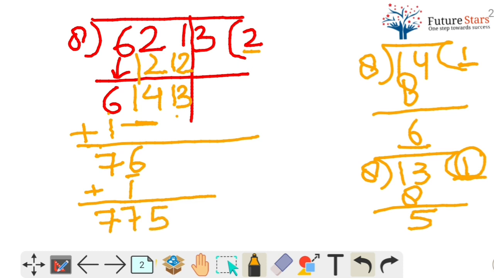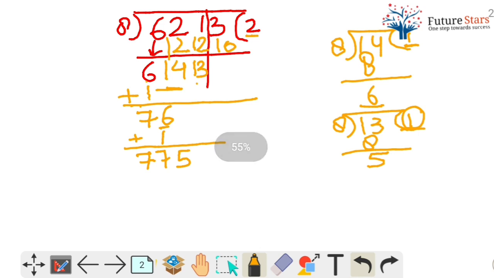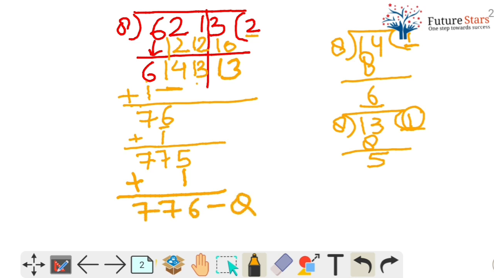We will write it here. Now 5 into 2 is 10, so 13 again. Again we will divide 13 further, so we will get 1 here. We'll add 1 to the previous number, below 5. Then we'll get 7, 7, 6 as our quotient, and our remainder will be 5.